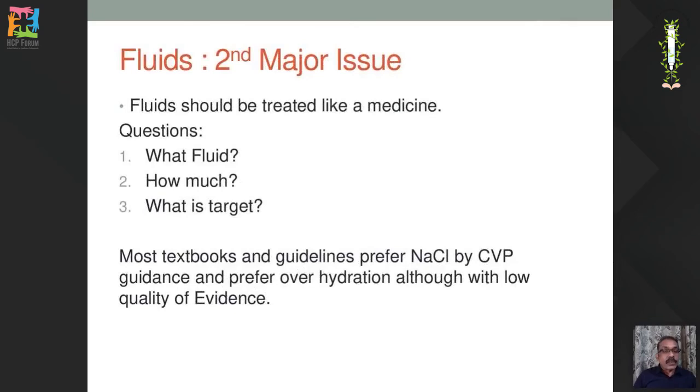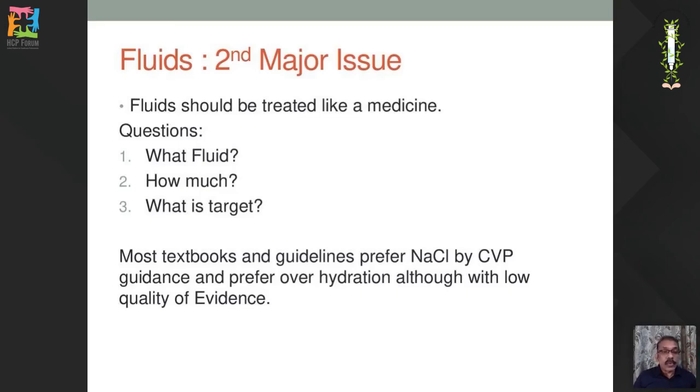Now, the second major issue is IV fluid, which I must address because there is always conflict. Since the inception of fluids, this conflict has been going on, and I don't know how many years it will go on. But what I heard in most critical care CMEs and lectures is that fluid should be treated like a medicine.